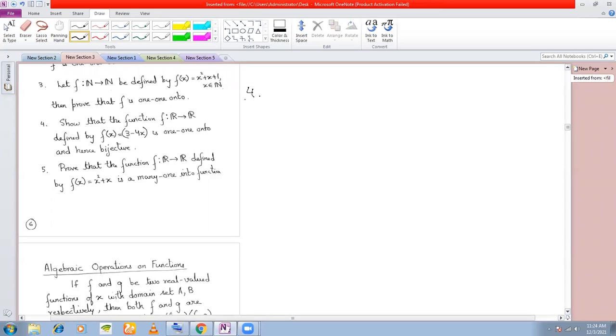Show that the function f: R to R defined by f(x) is equal to 3 minus 4x is 1 to 1 onto and hence bijective. Okay, so given f: R to R defined by f(x) is equal to 3 minus 4x.